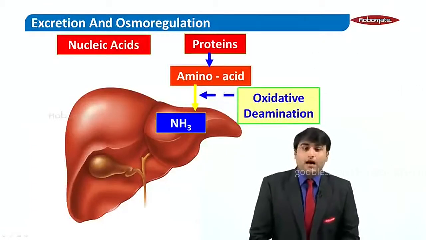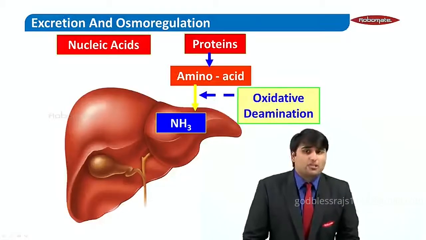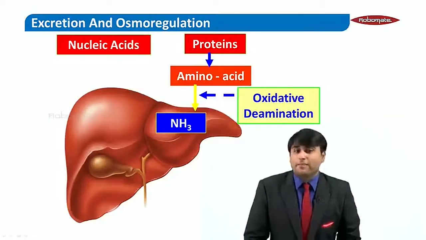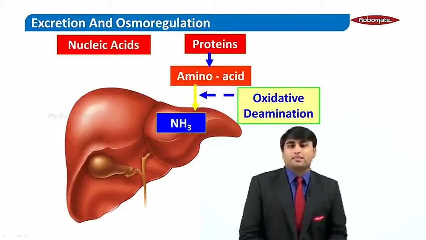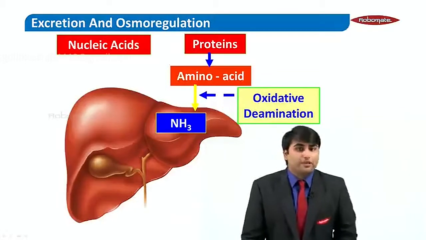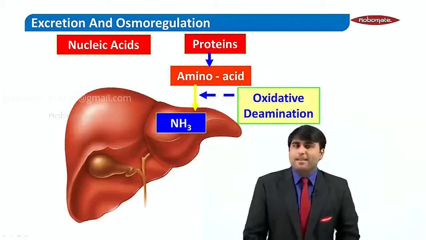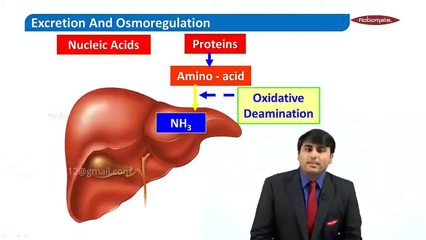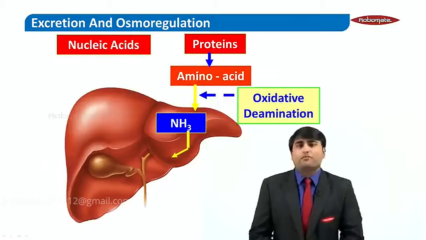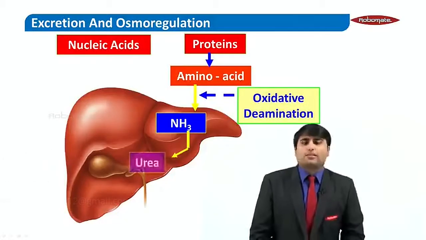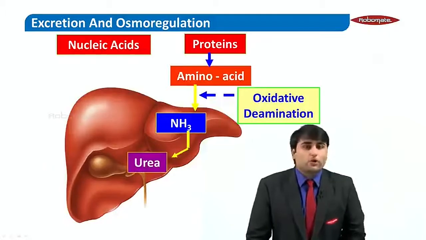And friends, ammonia is a highly toxic waste. It inhibits the ATP synthesis in the mitochondria. So ammonia, being a very toxic waste, is converted or transformed into a less toxic waste called urea.